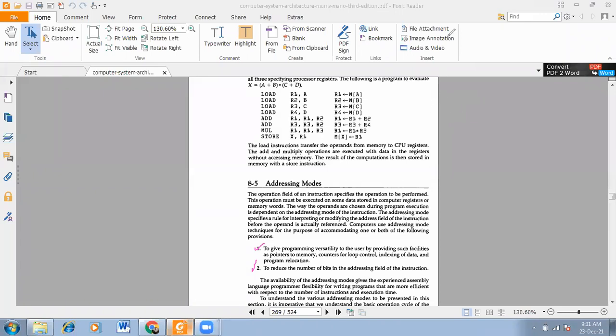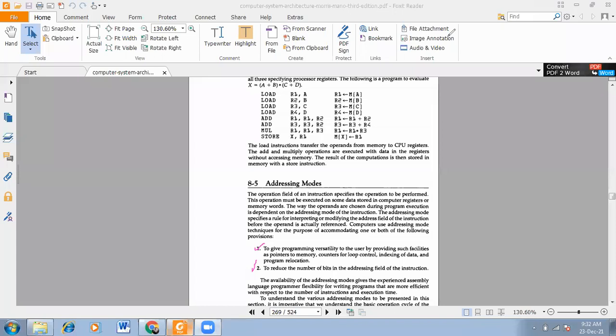So addressing mode is most important, to give programming versatility to the user by providing such facilities as pointers to the memory. Because in addressing mode, you are pointing to a memory location, some location of the data.